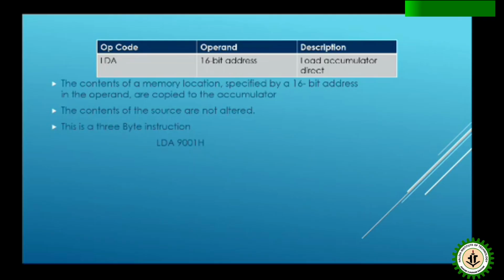So if the content of memory location 9001 is, suppose, 5AH, then after this instruction the content of accumulator will be 5AH.